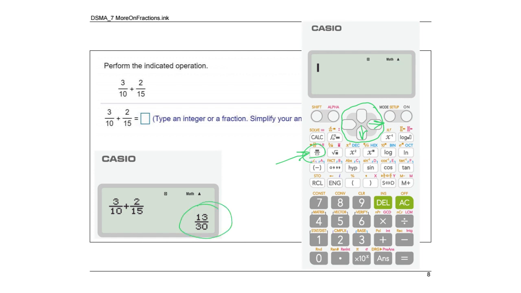It is going to not only find the common denominator and add both of those together, but it's also going to simplify at that point. So yay for the calculator. And so our answer is actually 13 over 30. They found the common denominator, added those fractions together, and gave us the answer.